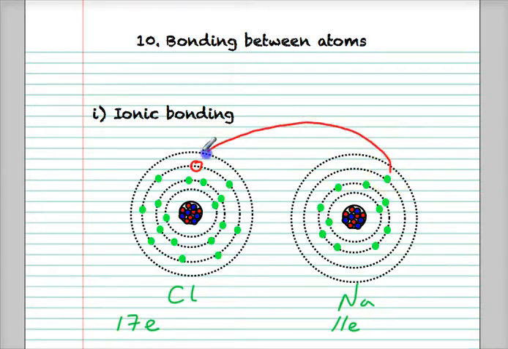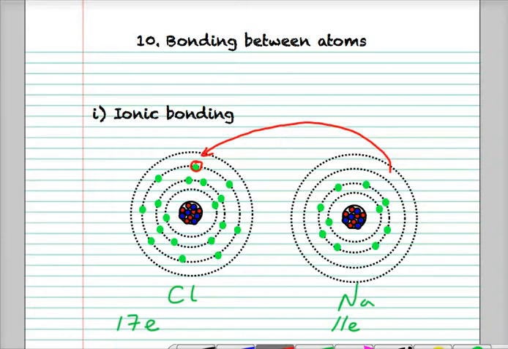If the electron were to move over here, just like this, we can see now the chlorine has a full outer orbital, it's gained one electron, and the sodium has a full outer orbital, it's lost an electron, so now its outermost orbital is full.